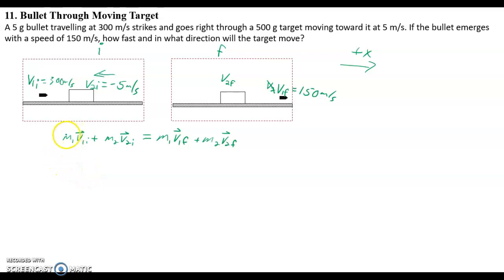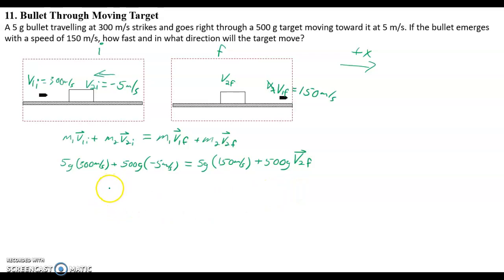So we have 5 grams times 300 meters per second plus 500 grams times -5 meters per second is equal to 5 grams times 150 meters per second plus 500 grams times V2F, which is our unknown.